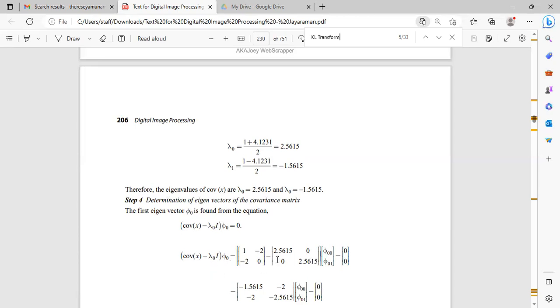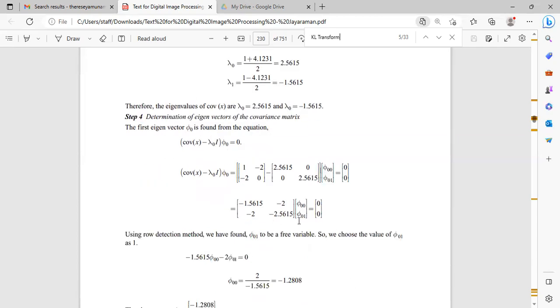So covariance of X minus 2.5615 0 0 2.5615 and phi naught, you can split it into two because this is a 2-row equation. You can write it as phi 0 0 and phi 0 1. And phi 0 1 you can take as a free variable. Take phi 0 1 as a free variable and give it the value 1. The value of phi 0 0 will depend on the value of phi 0 1.